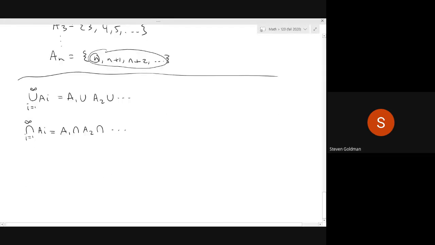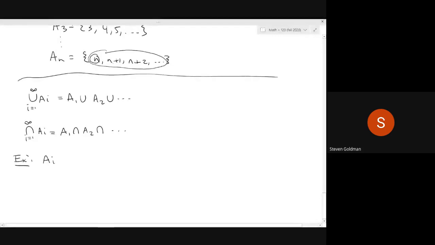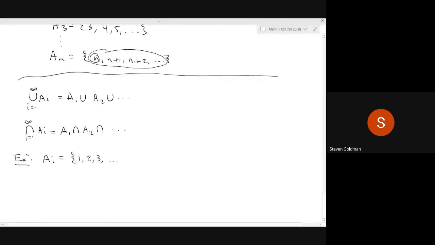So I can do another example with an infinite number of sets. Let's say for this example that each set A sub I equals {1, 2, 3, all the way up to I}, for I equals 1, 2, 3, and so on. All right. So here, instead of starting at I, I'm starting at 1 and ending at I, for each set.